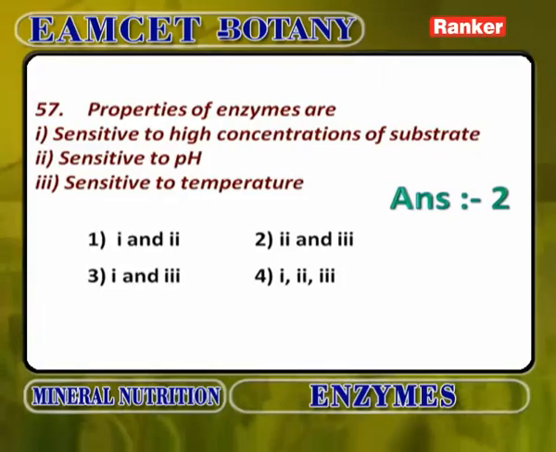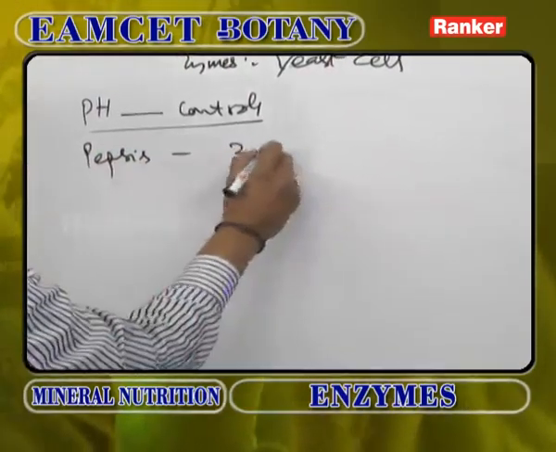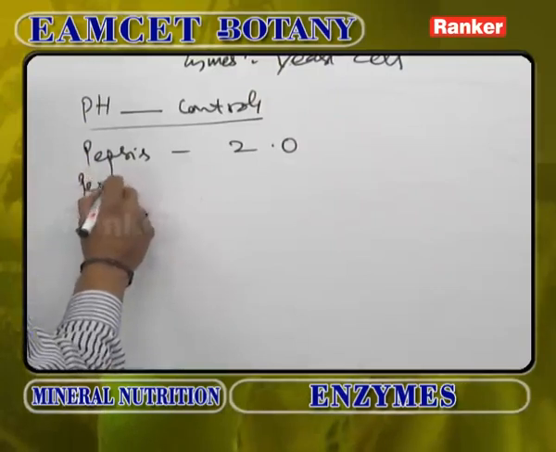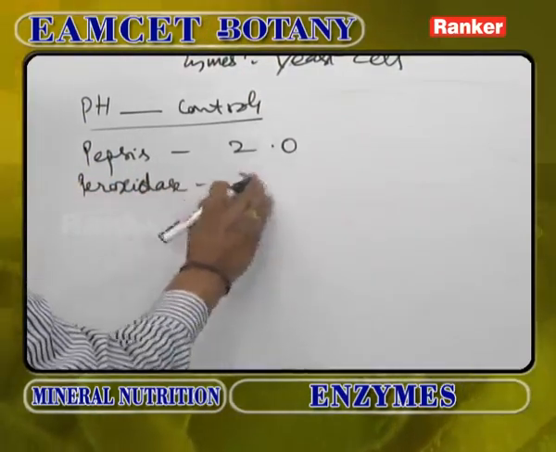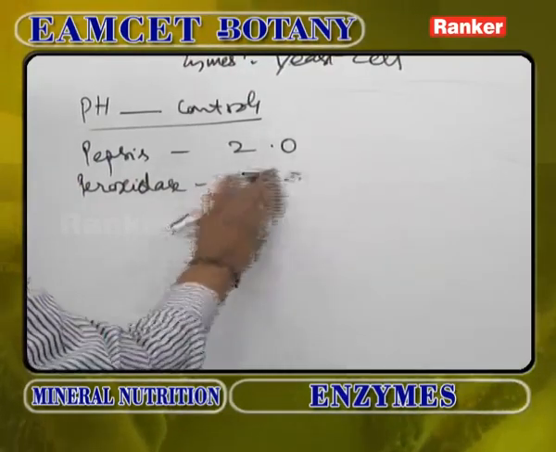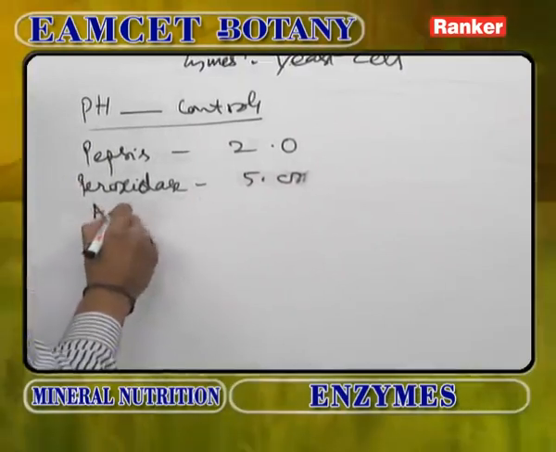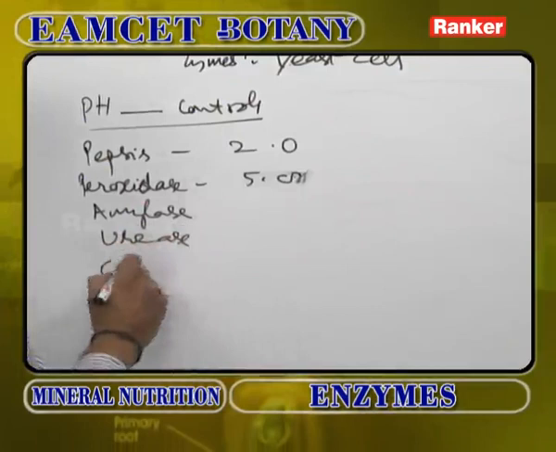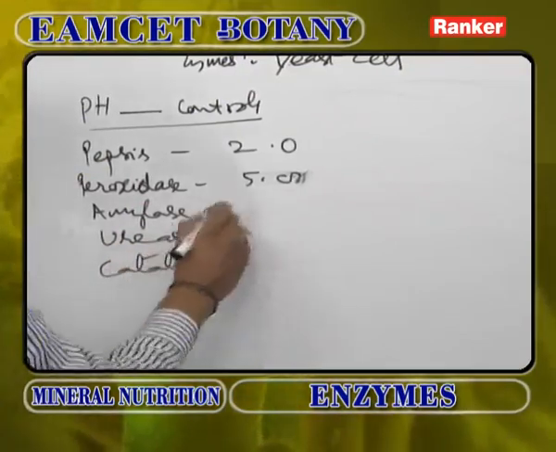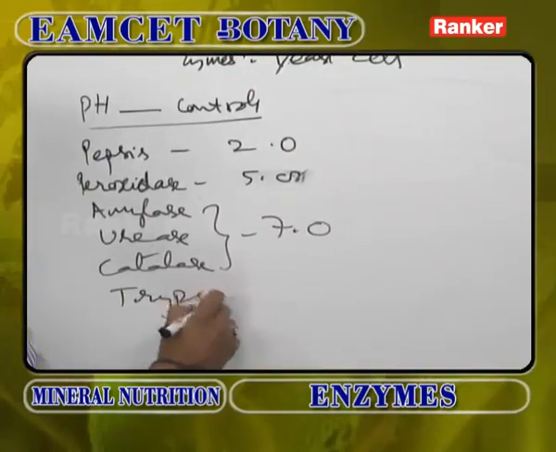For example, the pepsin pH is 2.0. Peroxidase, at which pH is it active? 5. Amylase, urease, catalase is 7 and trypsin is 8.